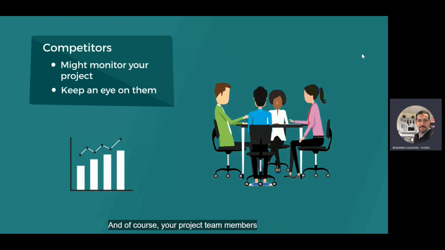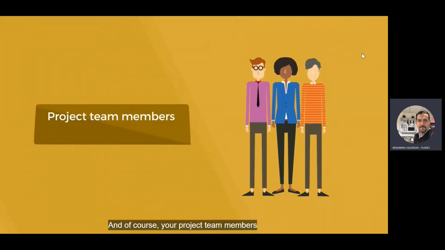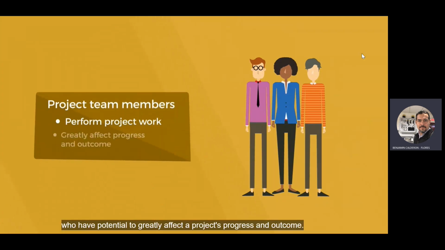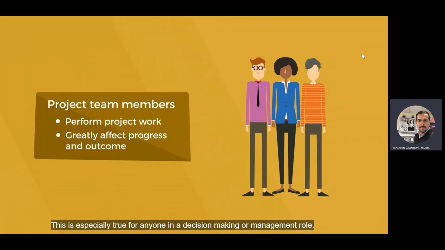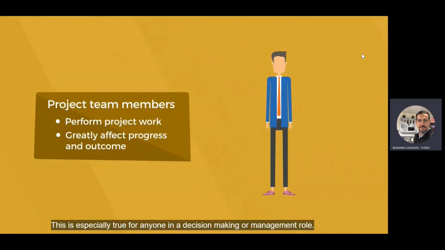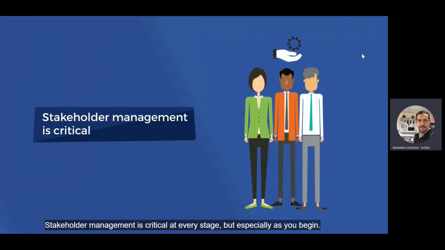And of course, your project team members who perform the project work are key internal stakeholders who have potential to greatly affect a project's progress and outcome. This is especially true for anyone in a decision-making or management role. Stakeholder management is critical at every stage, but especially as you begin.